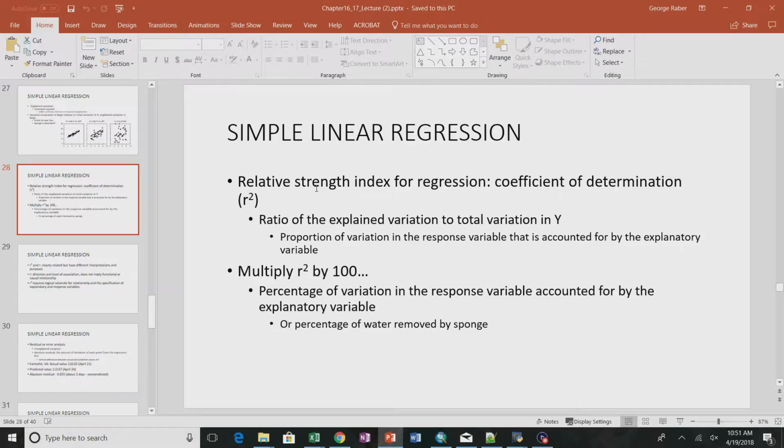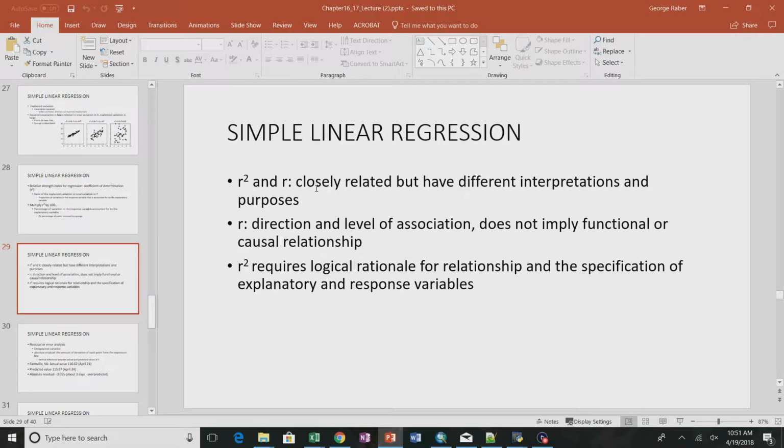If we multiply R squared by 100, we get the percentage of explained variance. Also, we could think about that as the percentage of water removed by the sponge. Okay. R and R squared are closely related, but they have different interpretations and purposes.